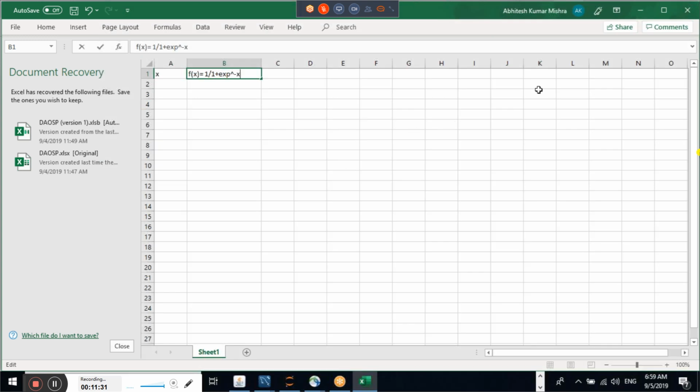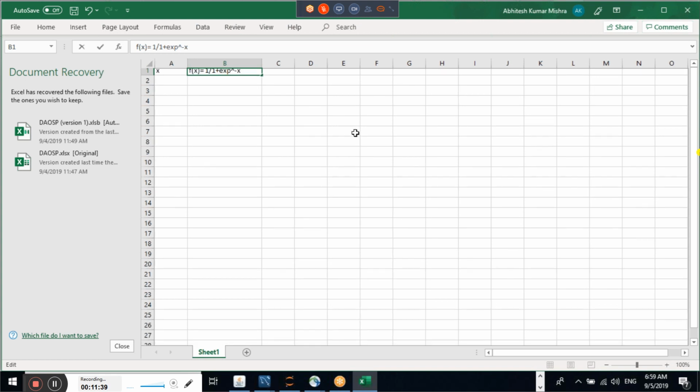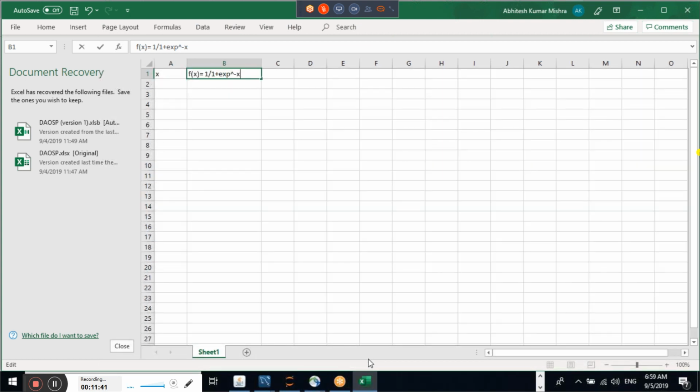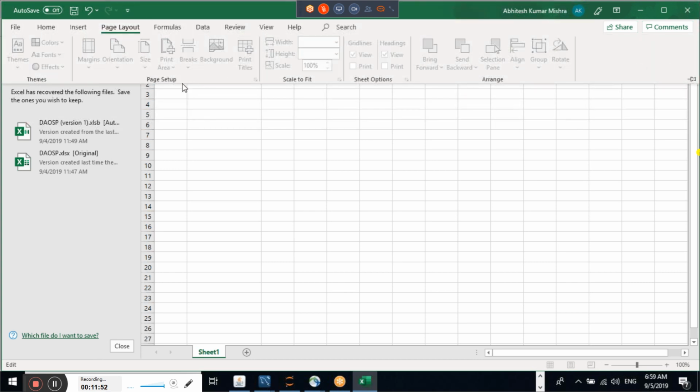One second. Anyone have a problem? One second. Page layout. One second.